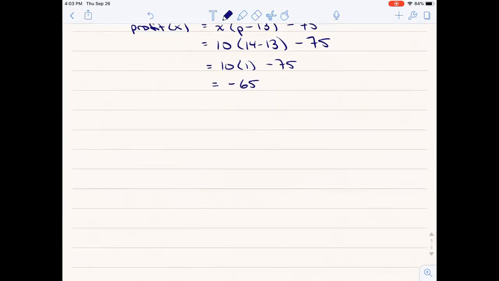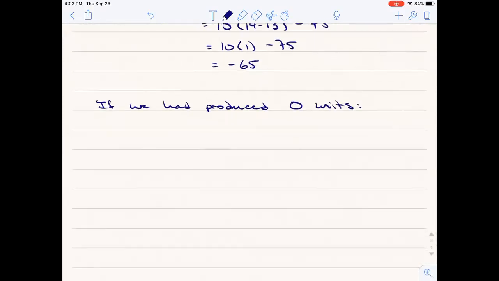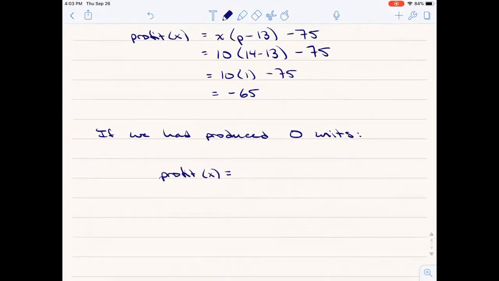So just to show, if we had produced 0 units, right, our profit of X would be 0 times 14 minus 13 minus 75, which is just negative 75.